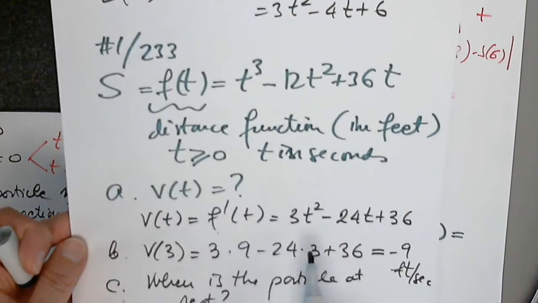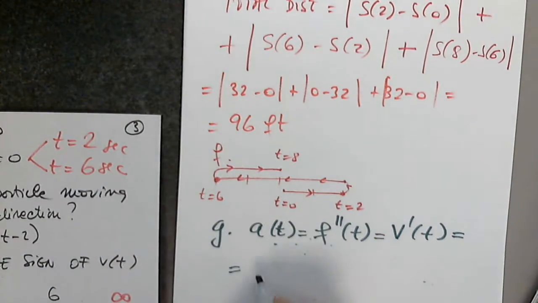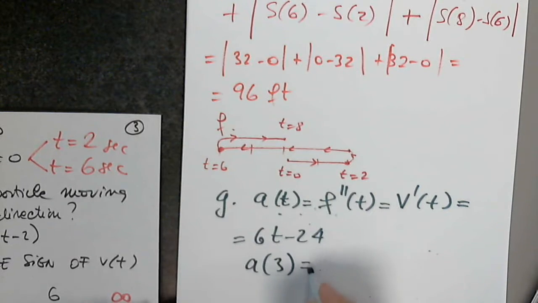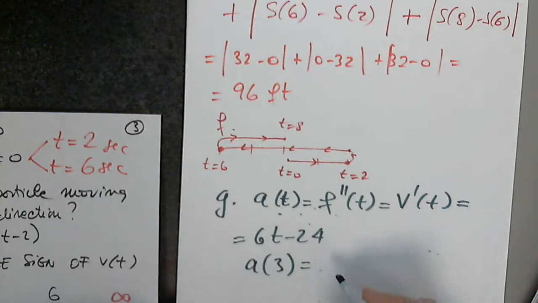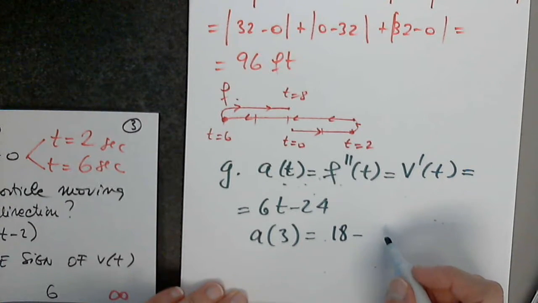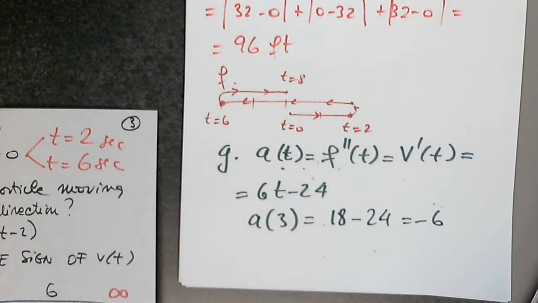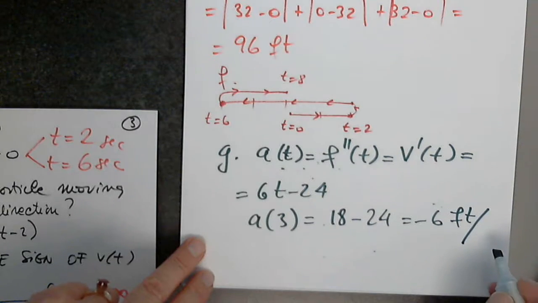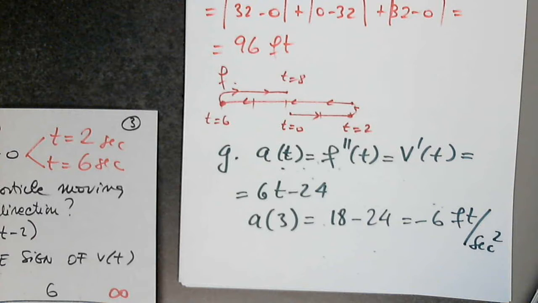So I have the velocity, so the acceleration will be 6t minus 24. They're also asking us to find the acceleration after 3 seconds. So that will be 18 minus 24, and the answer is -6 feet per second squared.